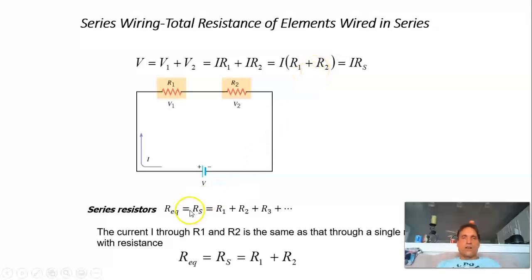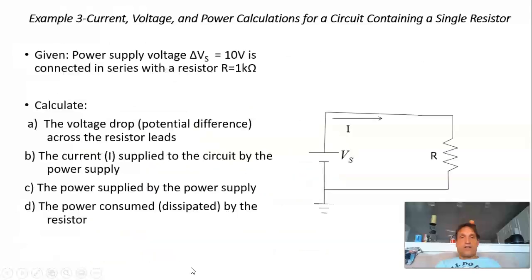And we can expand this to any number of resistors in series. Some authors use R series, some use R equivalent, some use R total, call it what you will. The equivalent resistance of resistors in series is the sum of all the resistance values. We can model our circuit as a single resistance of value R equivalent, and apply all of our techniques to get the circuit properties using this simple circuit.